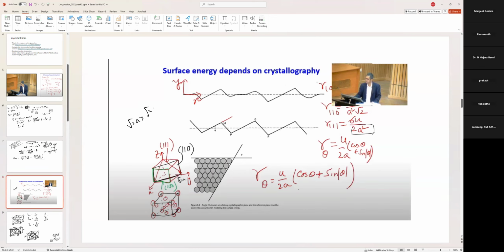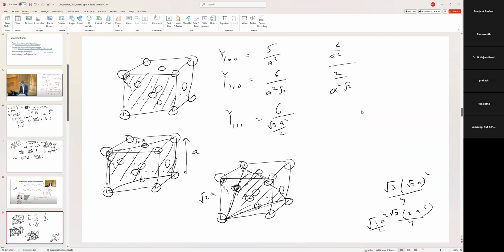Okay, this is for a square. For a triangle, this is not a triangle, I think the trend would still be the same. We get 4 root 3 by 2 a squared.